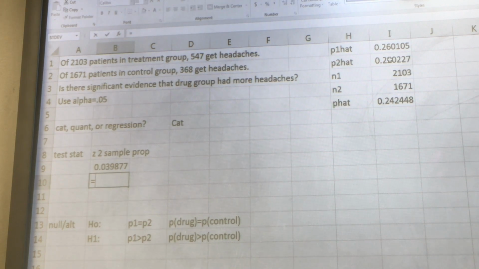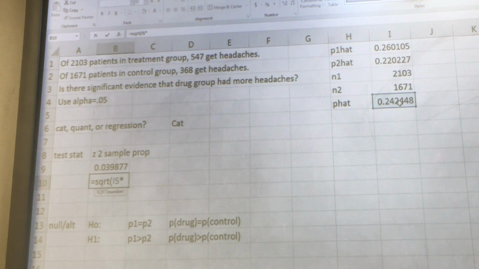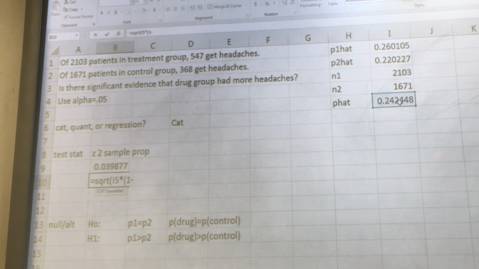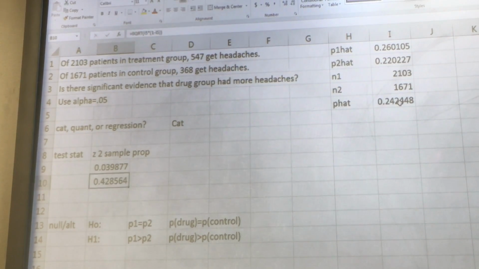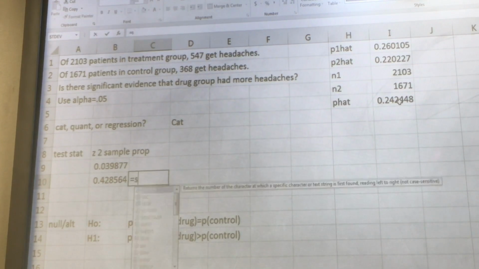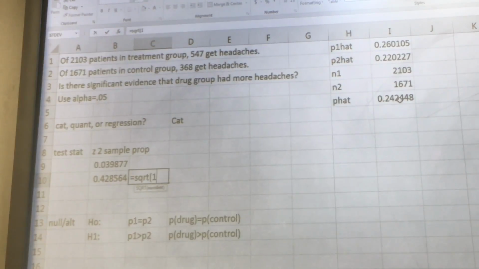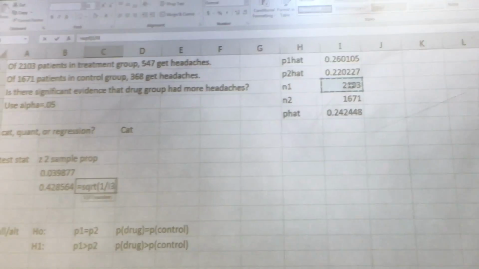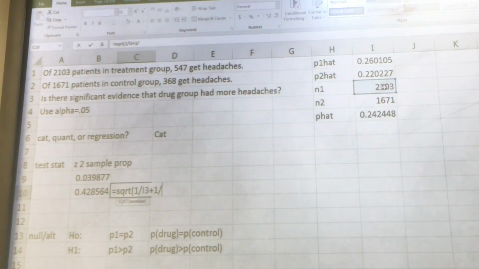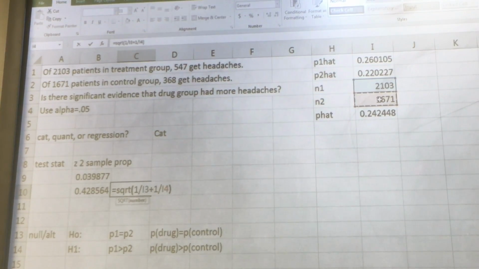My denominator, I'm going to do the square root of my pooled estimate times 1 minus that number, times the square root of 1 divided by n1 plus 1 divided by n2.